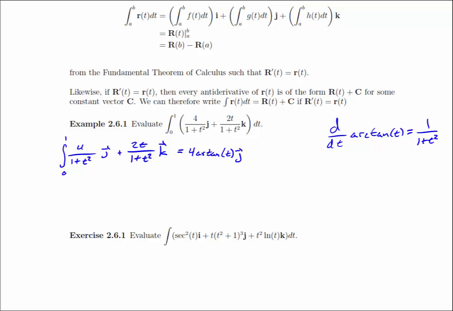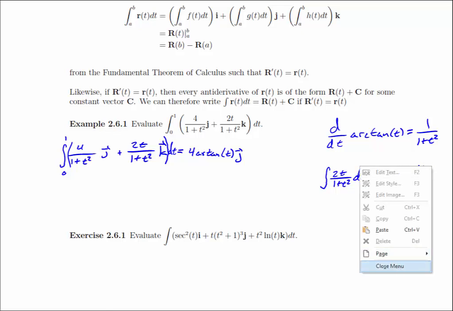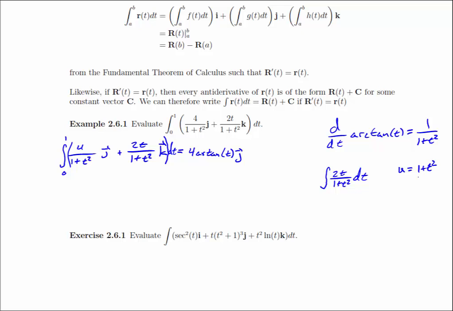Here we want a substitution. What I'm recognizing is that the numerator is the derivative of the denominator. So if I look at this integral, oh, I need a dt right here also. That's important. All of this integrated with respect to time. Then here I'm going to let u equal 1 plus t squared.